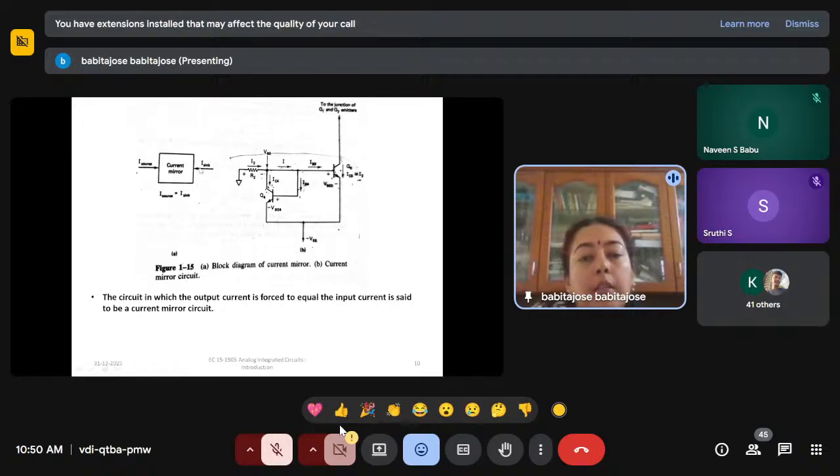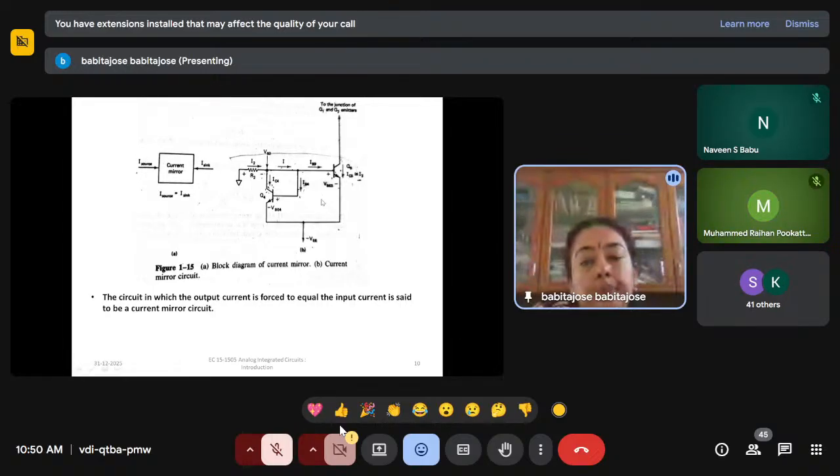You have an output current and an input current, and both these currents are made equal.